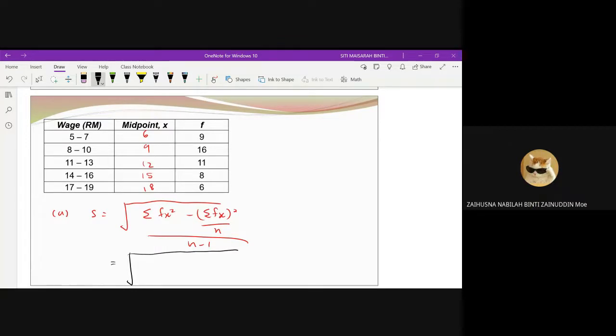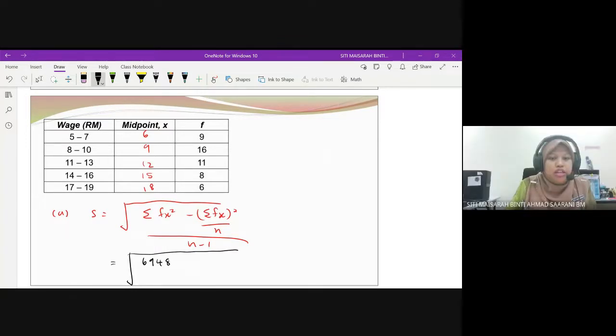6948. 6948 minus sum fx is 558 square over the total which is 50, over 50 minus 1.